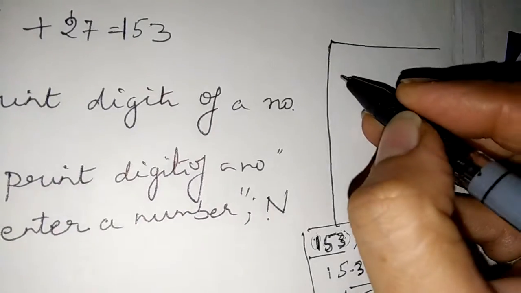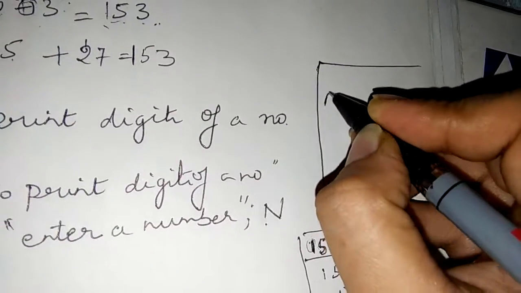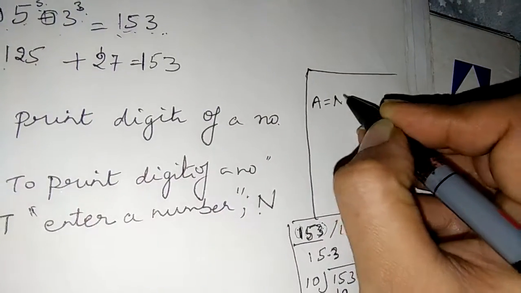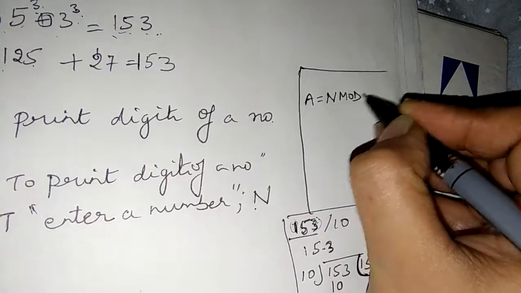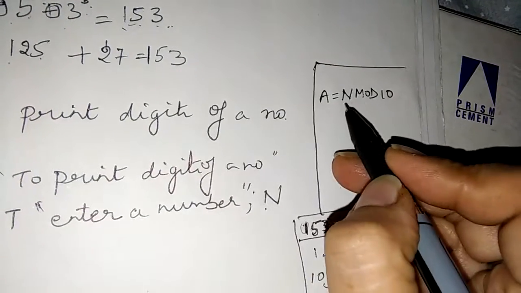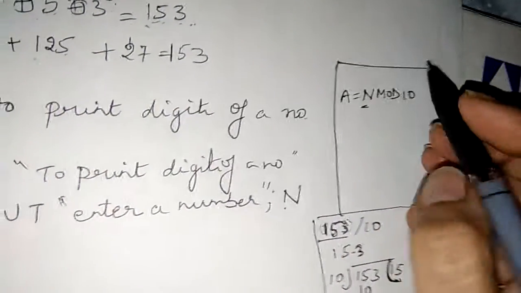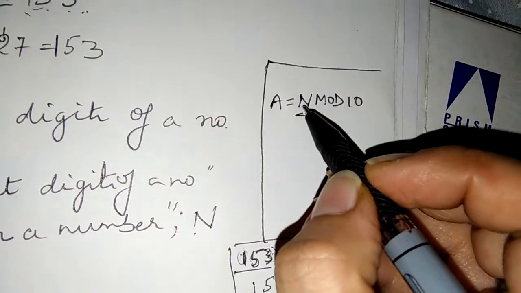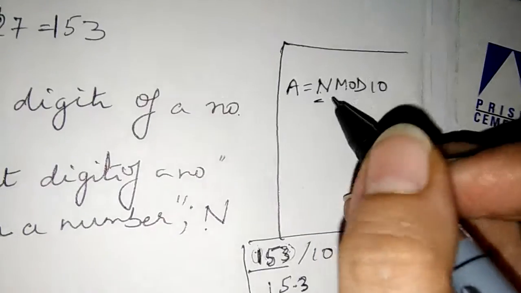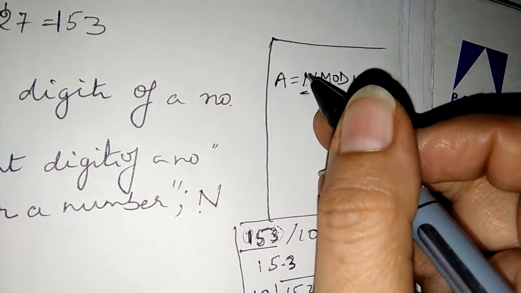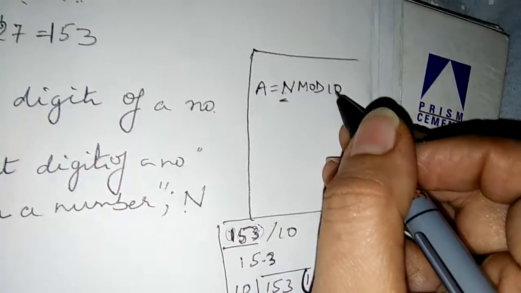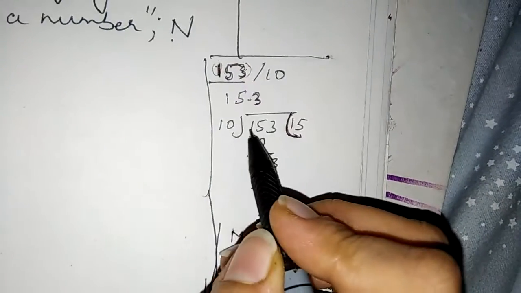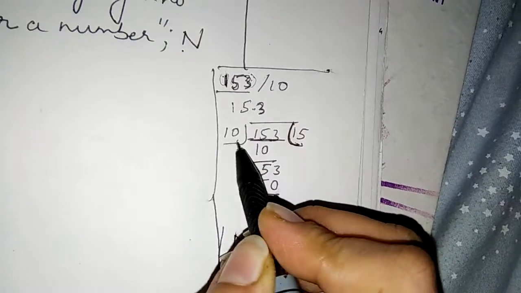Now what are the steps? First step is I have to find the remainder. Suppose I am taking a variable A, it will find the modulus of the number: A is equal to N mod 10. N is my number. N mod 10 will find out the remainder after dividing N by 10.